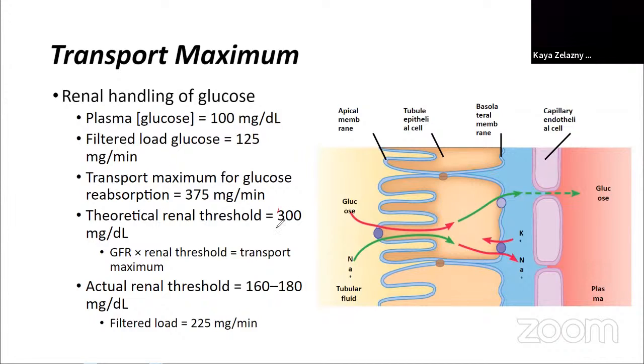So theoretically, you could handle 300 milligrams per deciliter, but in actuality, it's really about 160 to 180 that is the range we can handle before we start to see glucose spill over into the urine. And that goes hand in hand with a filtered load of 225 milligrams per minute. So that's a different load than we saw for our transport maximum. So that's also lower.